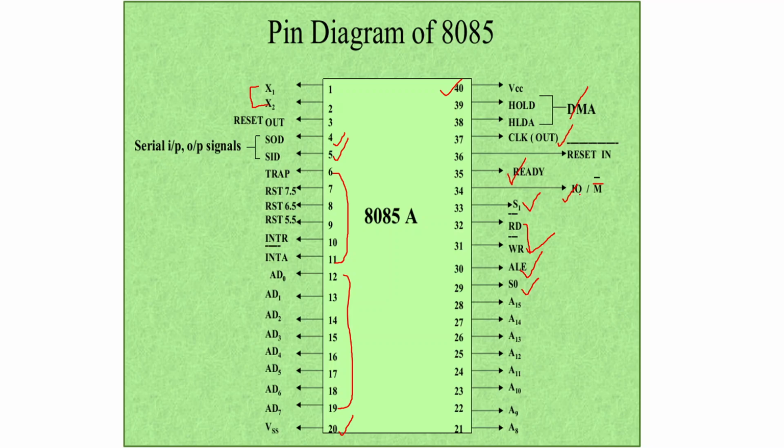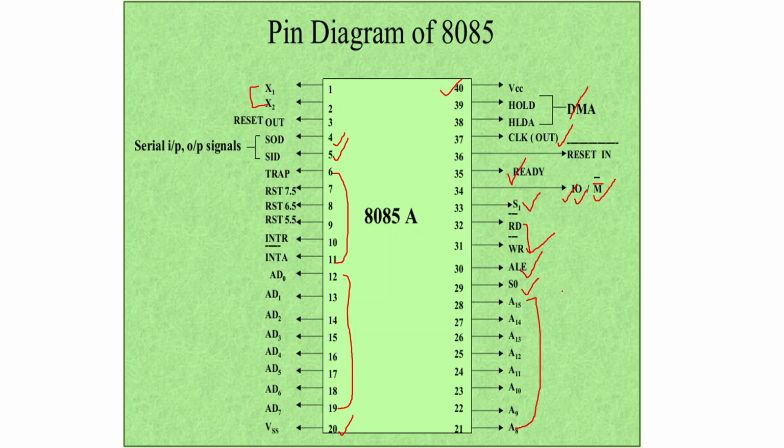If the memory input output pin is also 0, it will write the data into the memory. If the input output pin is 1, it will write the data to external input output devices. And the last pins, 21 to 28, these 8 pins alone represent 8 bits of address.